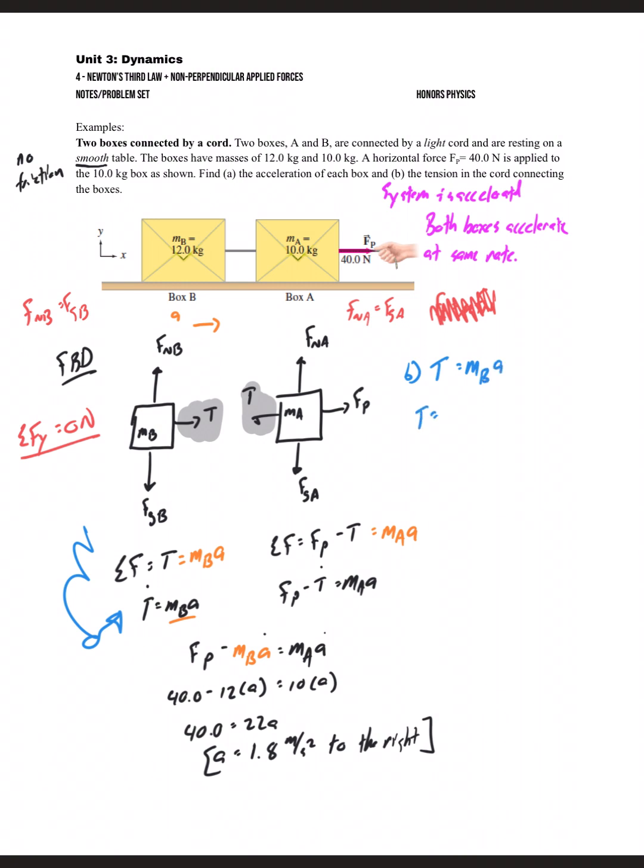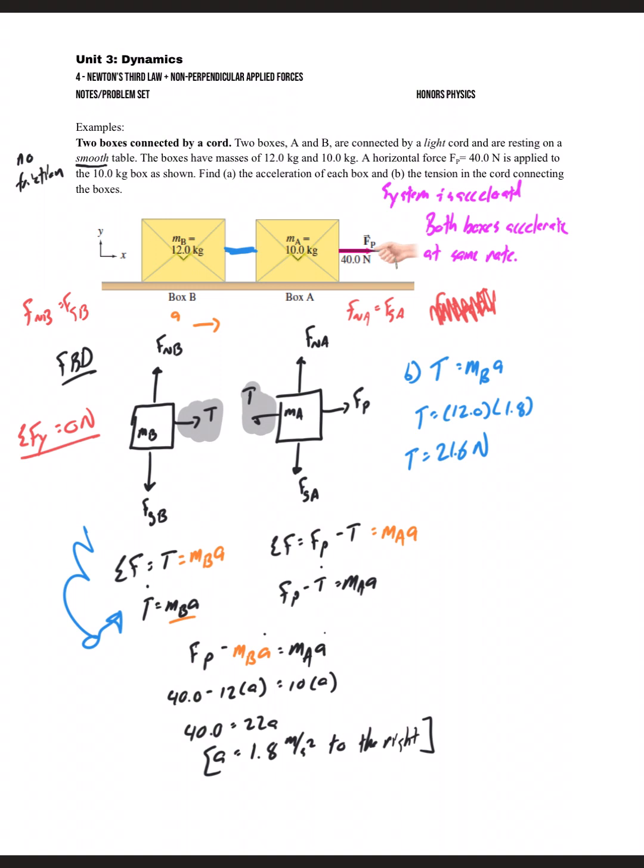I already figured out what the acceleration was, so I go back in and back substitute the values here, which is 12 for the mass. My acceleration was 1.8. So the tension in the string was 21.6 newtons. Once again, tension is kind of just this weird transmission of force that's going on between these two boxes right here.